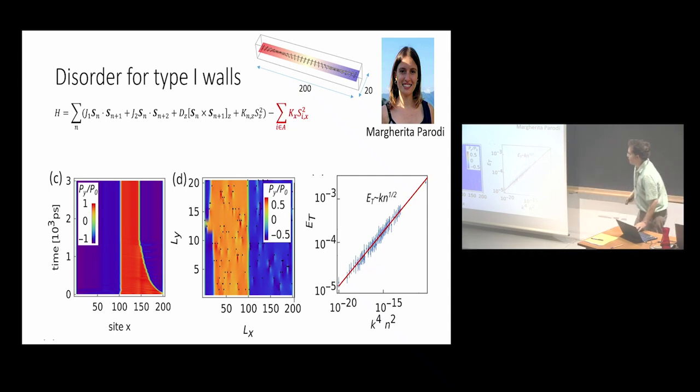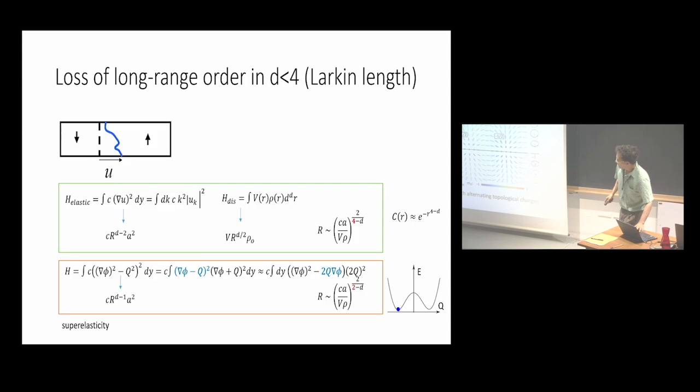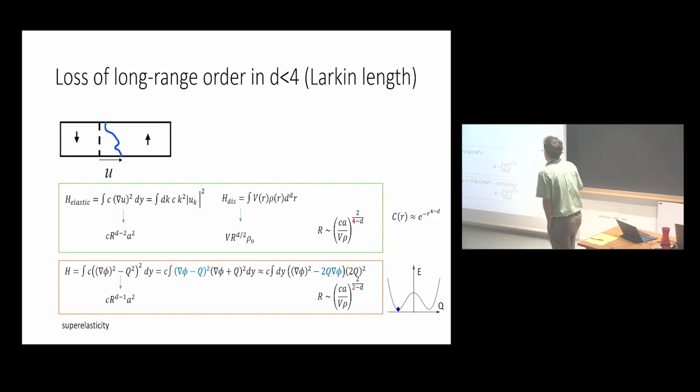And so one can think of it in the following way. The usual argument why the disorder destroys the order in dimensions lower than 4: one basically takes this Larkin length and compares, in terms of dimensions, the stiffness term and the disorder term. And then here one basically gets something like C R^(d-2) a^2.